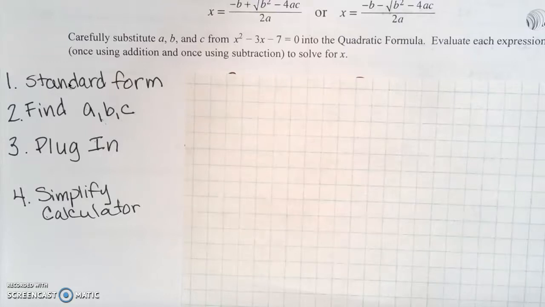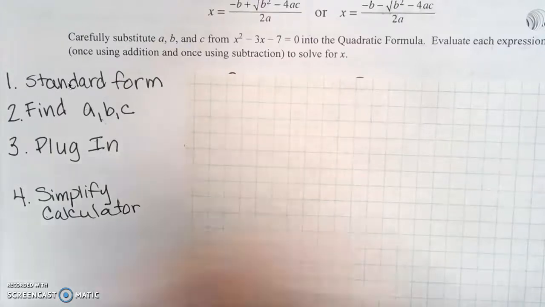Third step, you're going to plug in those numbers. The a gets plugged in 2 spots, the b gets plugged in 2 spots, and the c gets plugged in 1 spot. Okay? Then the last thing you're going to do is simplify it until you have 2 answers, or in some cases, 1 answer, but you're definitely going to need a calculator.